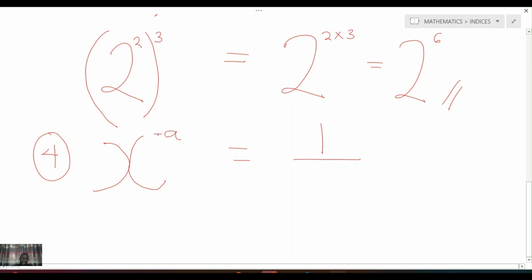The minus here in this power will become 1 over, then you bring down this x as the denominator raised to power a.